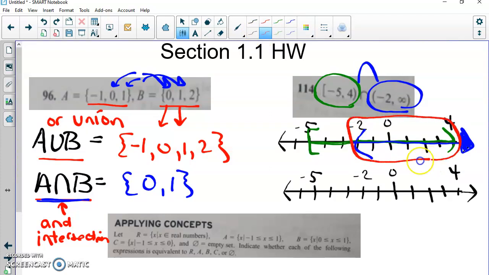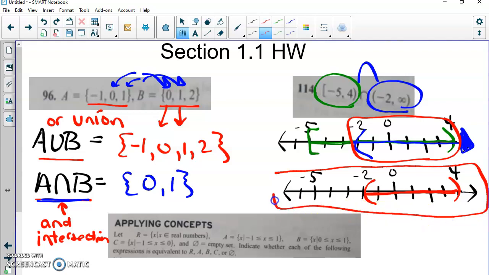So this piece right here. And we keep whatever parenthesis or bracket is on those endpoint numbers where we have green and blue. So parenthesis at -2, parenthesis at 4, and then we shade between them. So this would be our final answer for number 114.